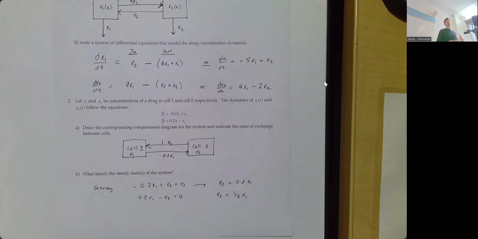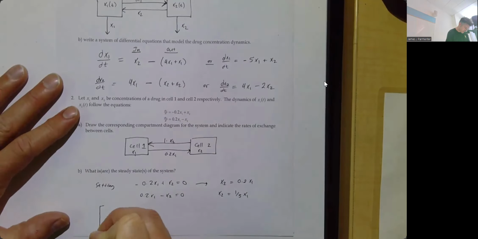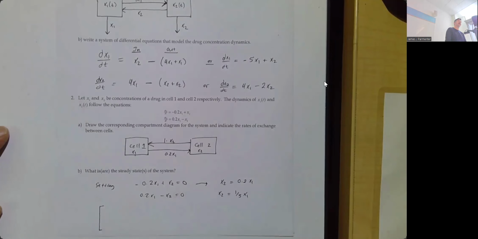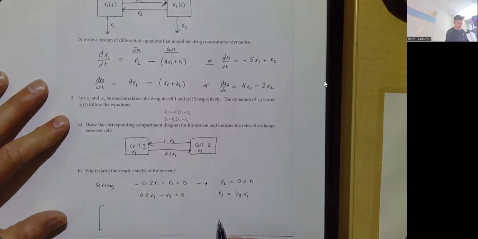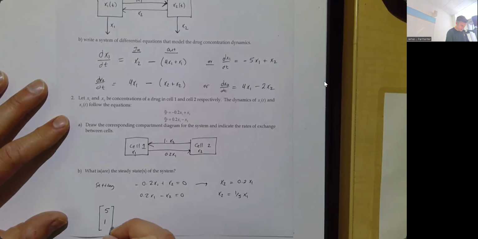So really here, it's kind of like our eigenvector. Yeah, it's an eigenvector. Instead of picking 1 for X1 and 1/5 for X2, I'm going to pick 5 for X1 and 1 for X2.